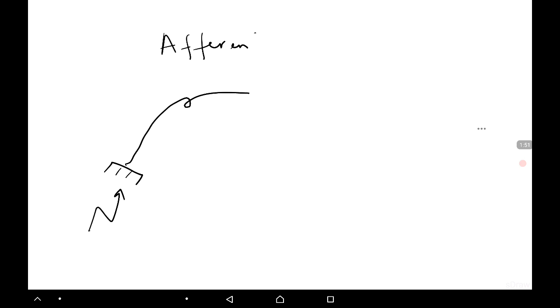The reflex arch begins with the stimulation that affects the receptors, then afferent neuron, or sensitive neuron, which goes directly into the spinal cord.